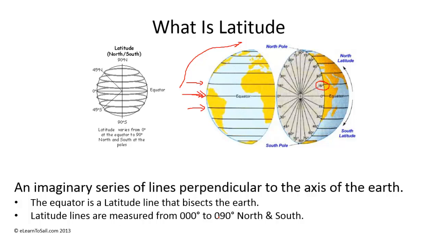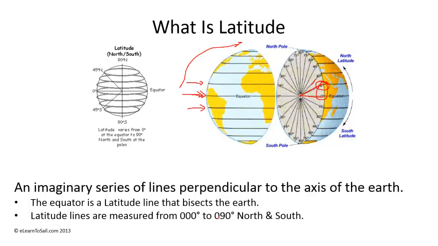But it's important to realize that each of these degrees of latitude represent an angle from the center of the Earth up to that 15 degree mark, or the 30 degree mark, or 45, whatever it happens to be. So this area in here would be divided into 15 degrees. Each one of those degrees would be divided into 60 minutes, and each one of those minutes would be divided into 60 seconds.